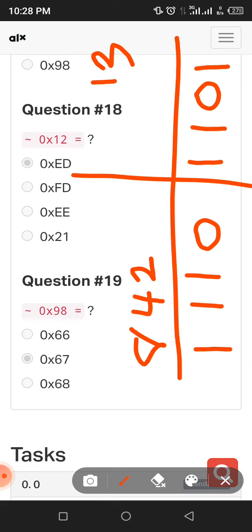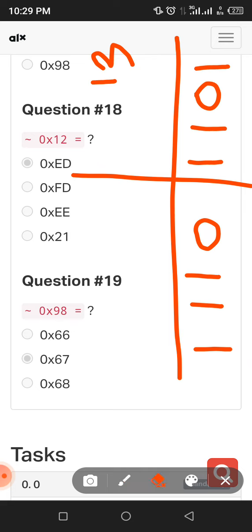So we have 8 plus 4, that is 12. Plus 2, that is 14. So we have 14 here. So you can see we have 14 and 13.